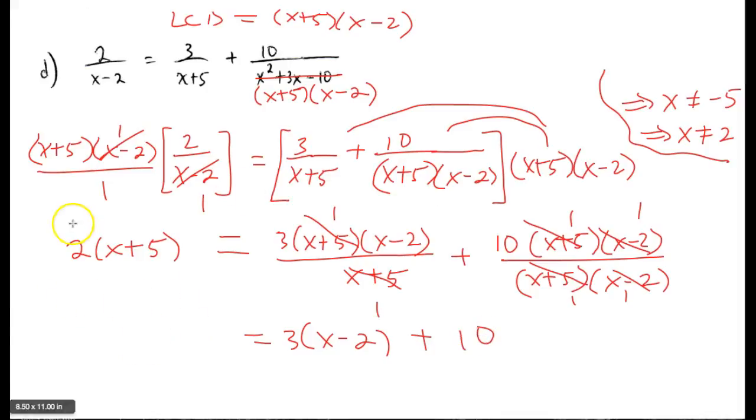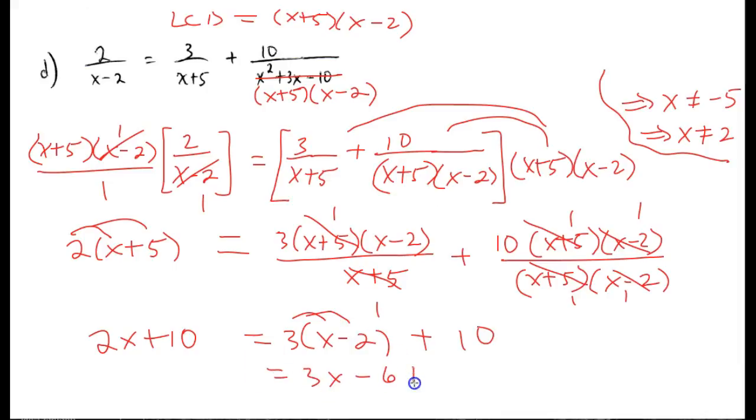And so we can go ahead and distribute here. And so now we have a nice linear equation. We'll go ahead and distribute 3 to both of these terms. Bring this down.